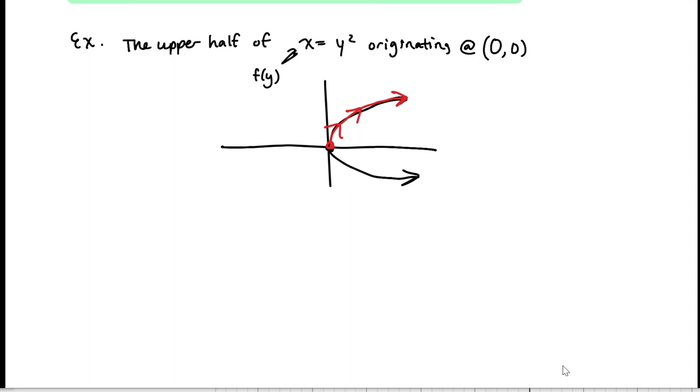What you do is you take your x and your y, and you figure out which is your input variable. So because this is a function of y, y is the thing that's getting plugged in, and x is the thing that's getting outputted. So y is going to become my parameter. I'm just going to call y equal t. Now I'm going to plug t into my equation for y, and I get that x equals t squared.